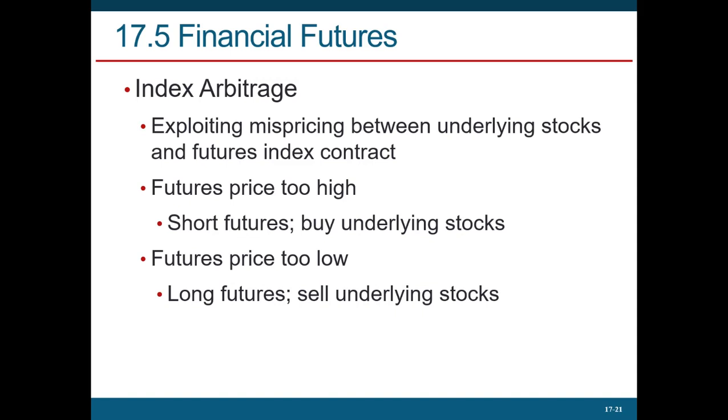If the futures price is too high, you take a short position in the futures contract and buy the underlying stocks in the market index, right? And the difference would be arbitrage profit. If the futures price is too low, then you take a long position in the futures contract and take a short position in those underlying stocks. That is index arbitrage that a lot of hedge fund managers can do.